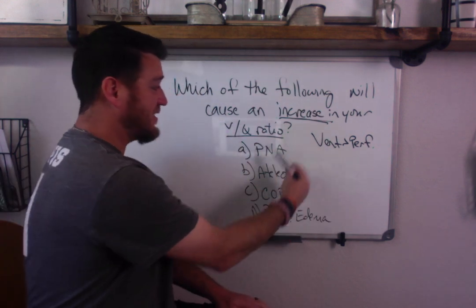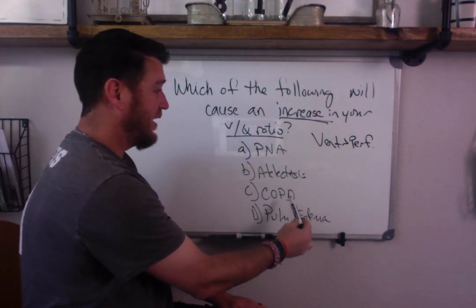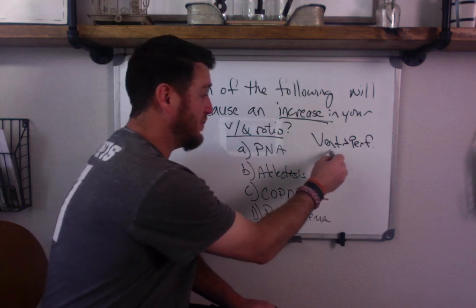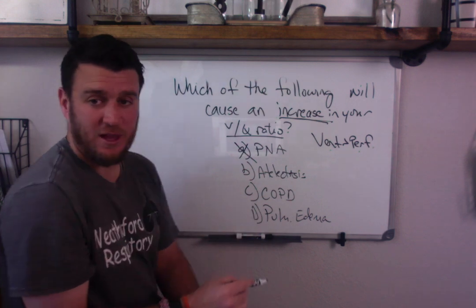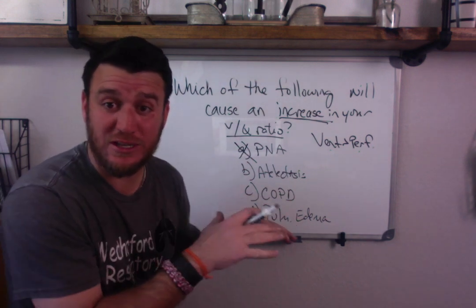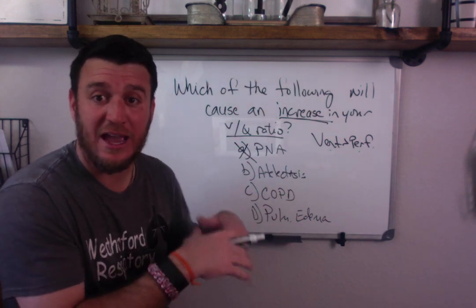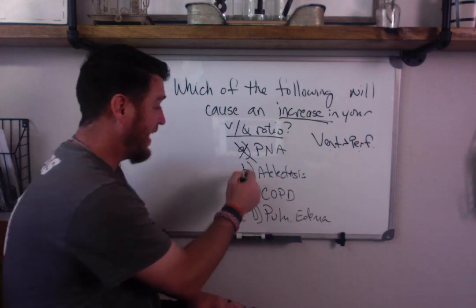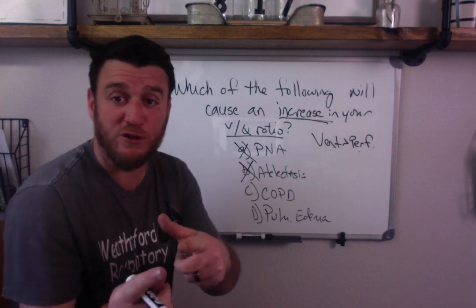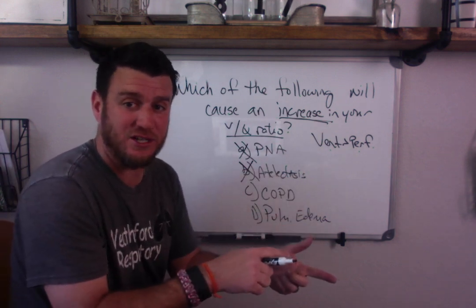So, which of these disease processes leads to ventilation being in excess of perfusion? Well, it's not pneumonia because that leads to a decrease of ventilation of those areas and an increase in perfusion. So you have perfusion greater than ventilation. Atelectasis is the same thing. Perfusion in excess of ventilation. That's not it.